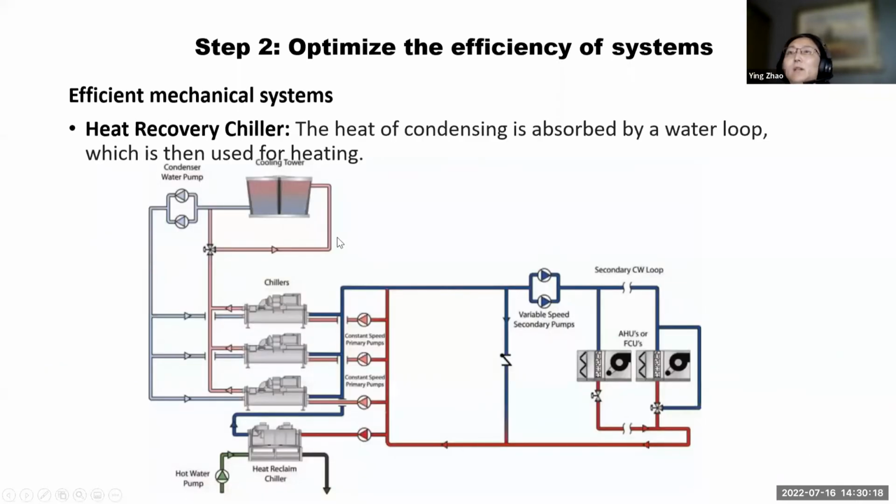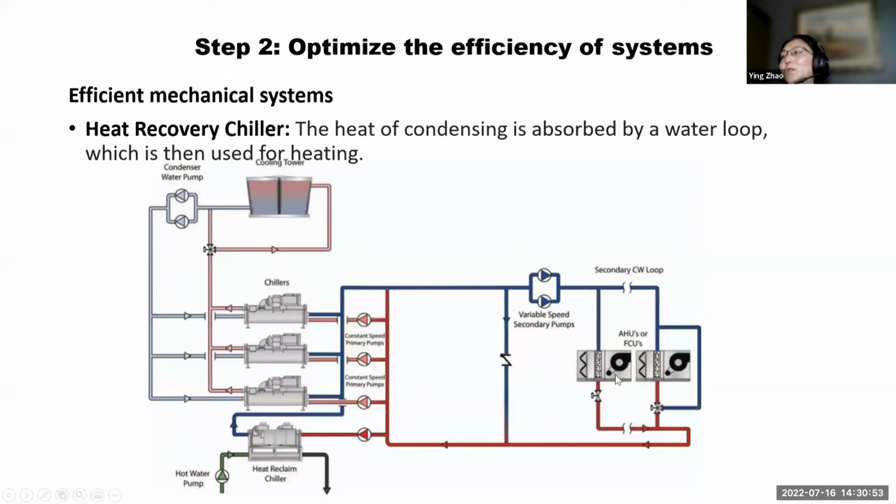And also heat recovery. Heat recovery is always a good approach in your design. When you design an energy efficient building, definitely think about whether there is any heat we can recover and use for free. A heat recovery chiller is one piece of equipment that uses the heat of condensing. You can see from this chart, they use the heat from the air handler units that circulate the water.